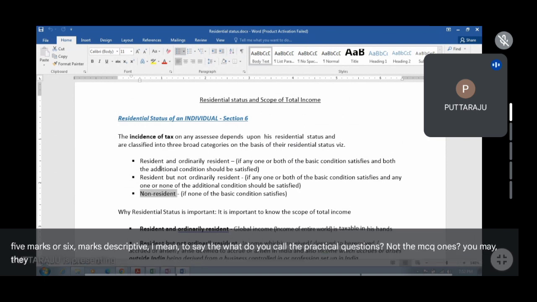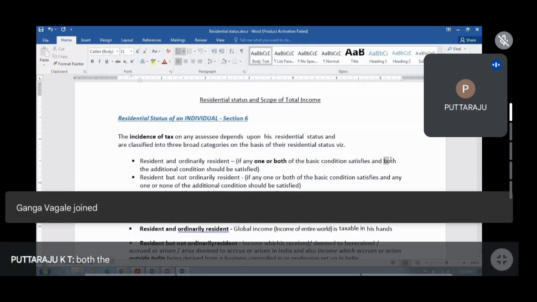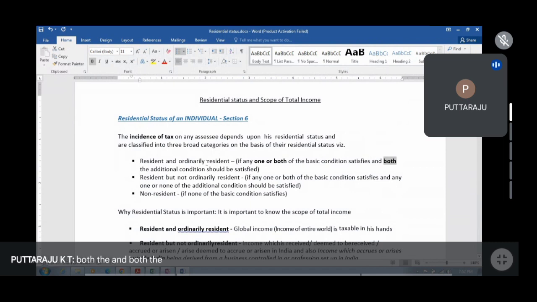They may ask in the MCQ also, but the more probable chance of asking a descriptive, lengthier question will come from this topic. Okay. See, resident and ordinarily resident: if any one or both of the basic conditions are satisfied and both the additional conditions are satisfied, he is called resident and ordinarily resident.